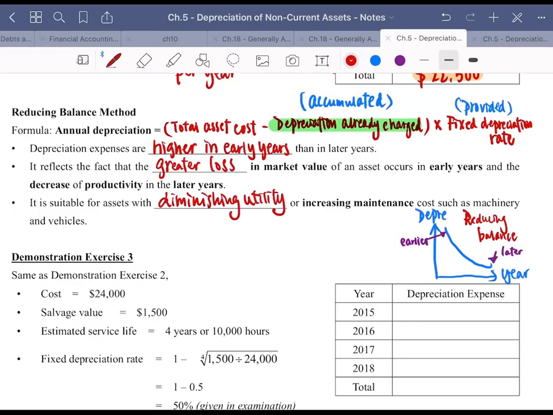So this is the key point of the reducing balance method, and we are going to calculate each year's depreciation separately, as we know that each year may be different.